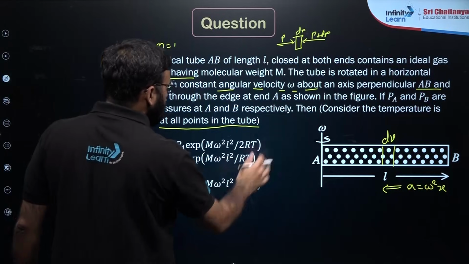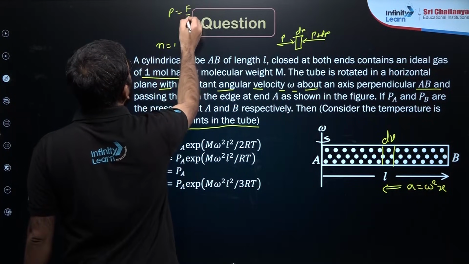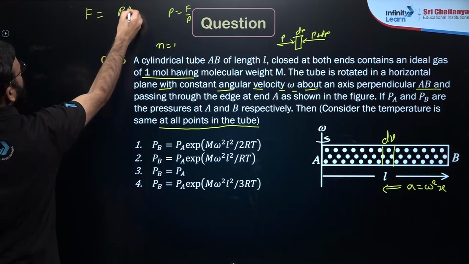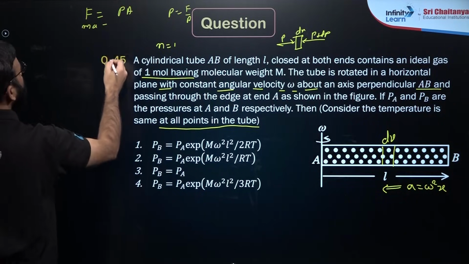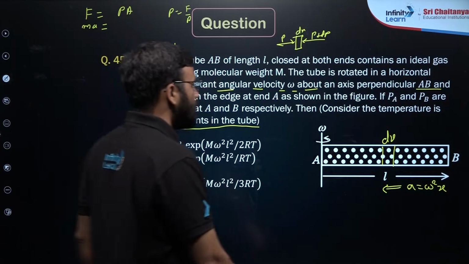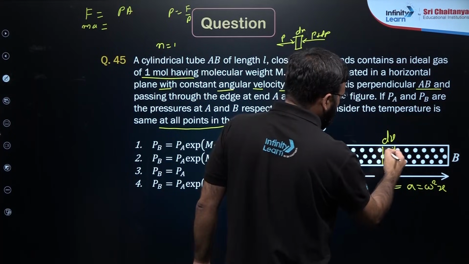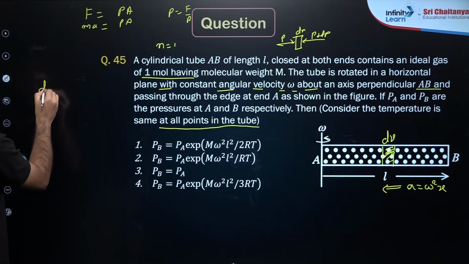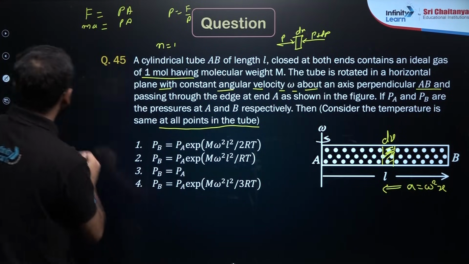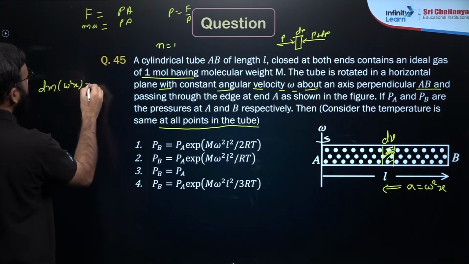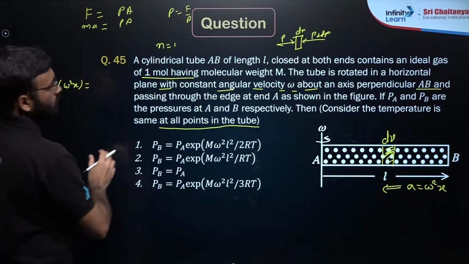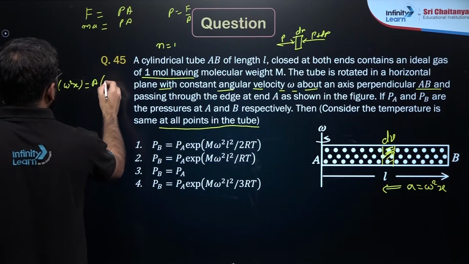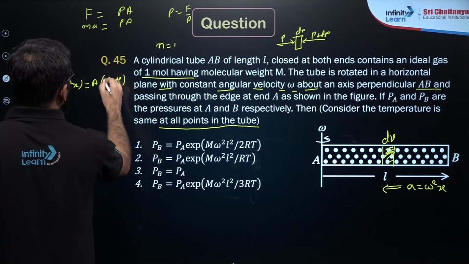Beta, pressure P equals F upon A, so F equals pressure into area, and F equals M into a. For this small element I consider the mass as delta M. So delta M times a, where a is omega square x, equals the pressure difference into area: A into (P plus delta P minus P).